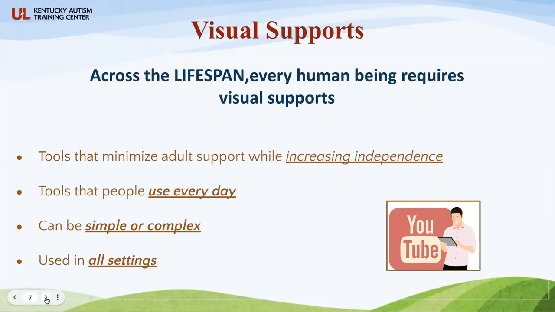So all those little cue cards to remind us about the little details in life that maybe we don't use all the time, those are all considered visual supports. And so obviously they are used in all settings. And you can see there's even an example of YouTube, because it's pretty common these days that when we don't know how to do something, we usually look on YouTube to see if there's a video about it. And that is considered a visual support.